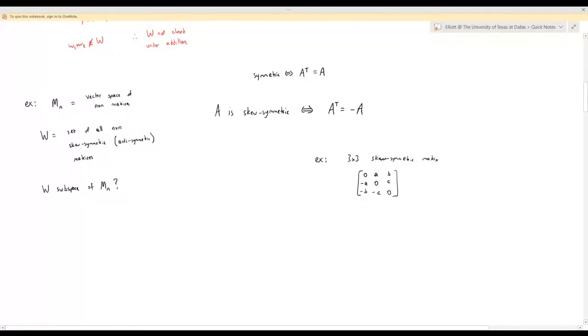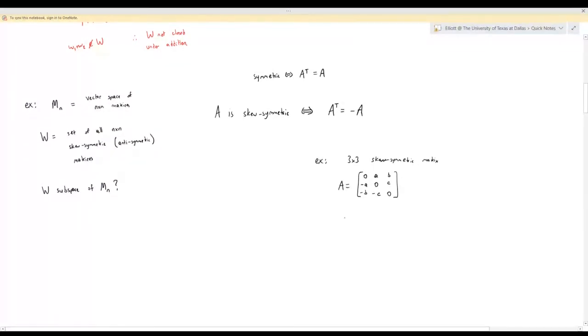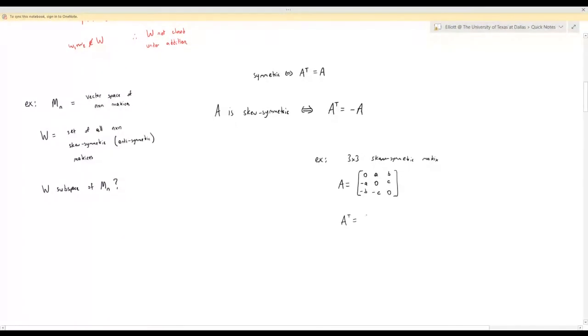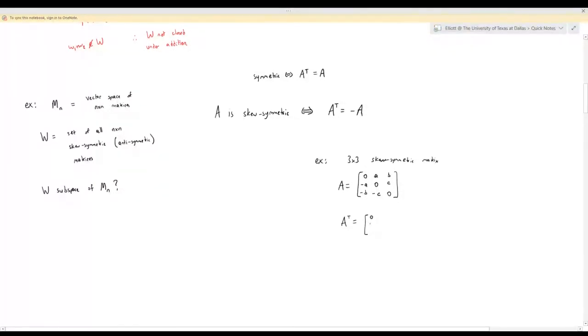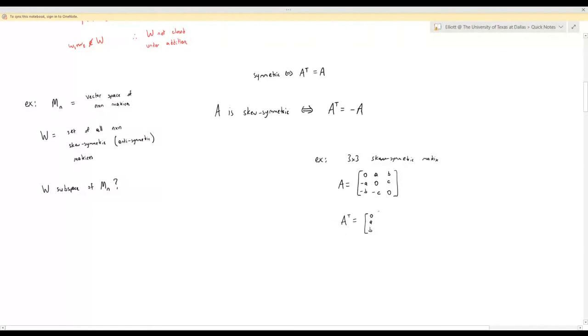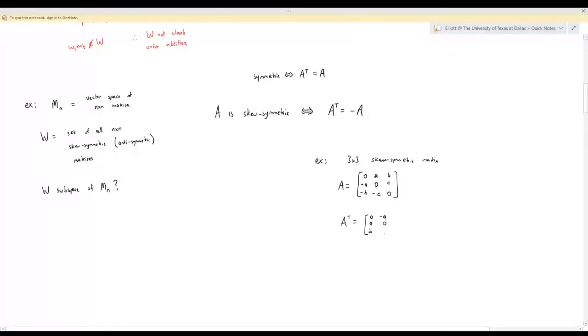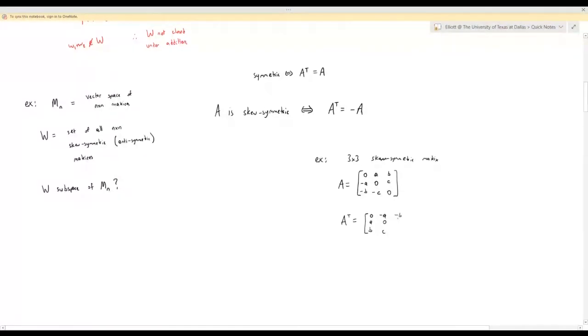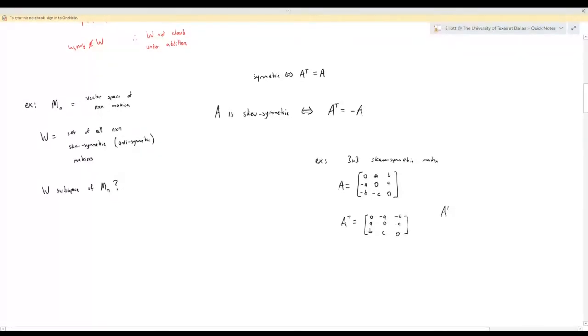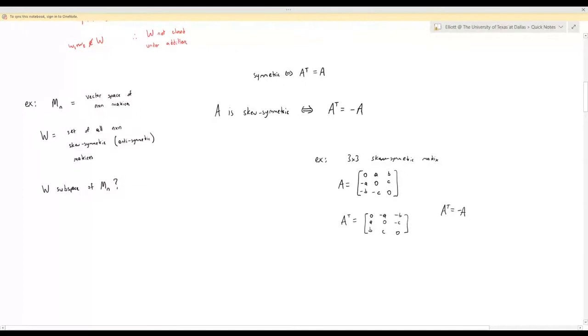So this is what a skew symmetric matrix looks like. You can verify if you take the transpose of this matrix, writing the rows as columns, and you can see how A transpose is equal to the negative of A. That's what a typical skew symmetric matrix looks like.